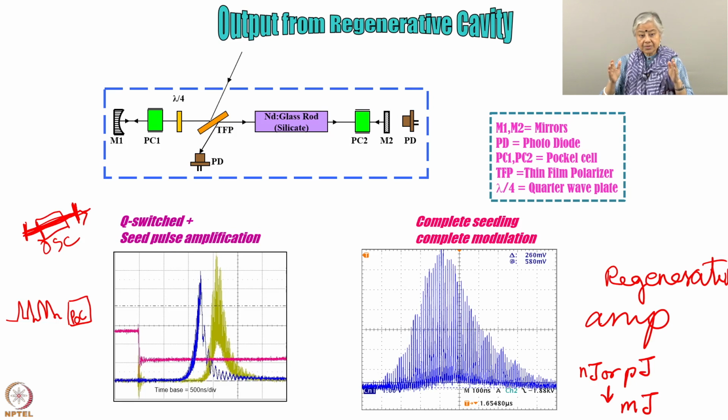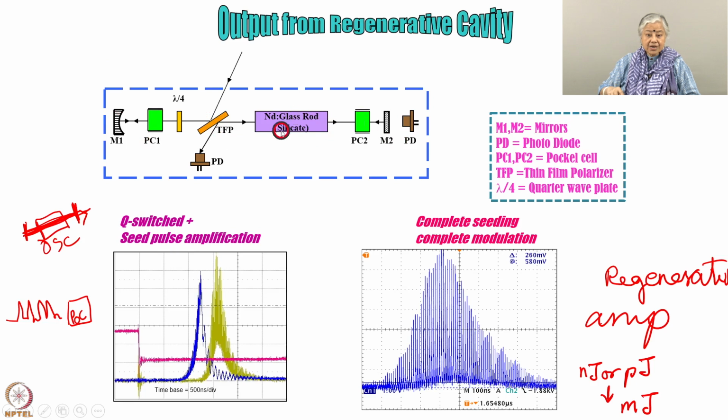And then you have the amplification. Now, the problem with this regenerative amplifier is, so I only want the seed pulse to amplify, but if you see the configuration, it is like an oscillator.